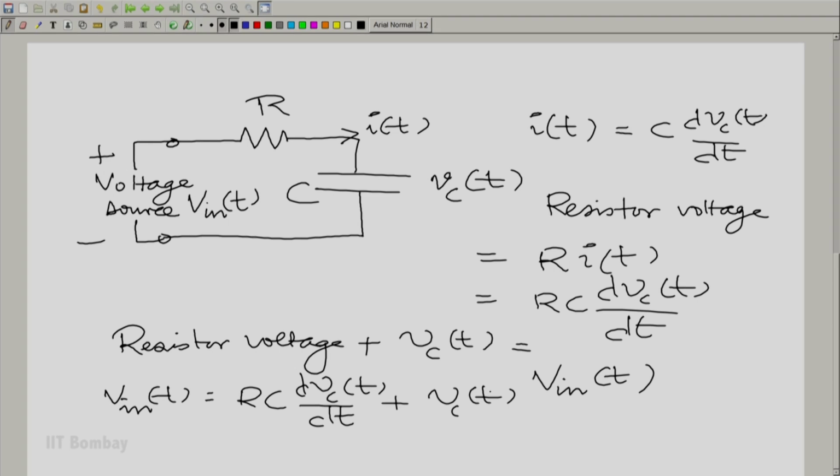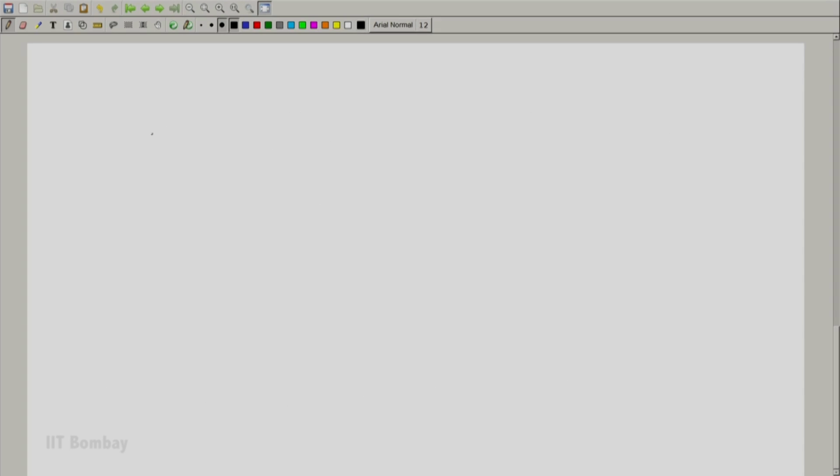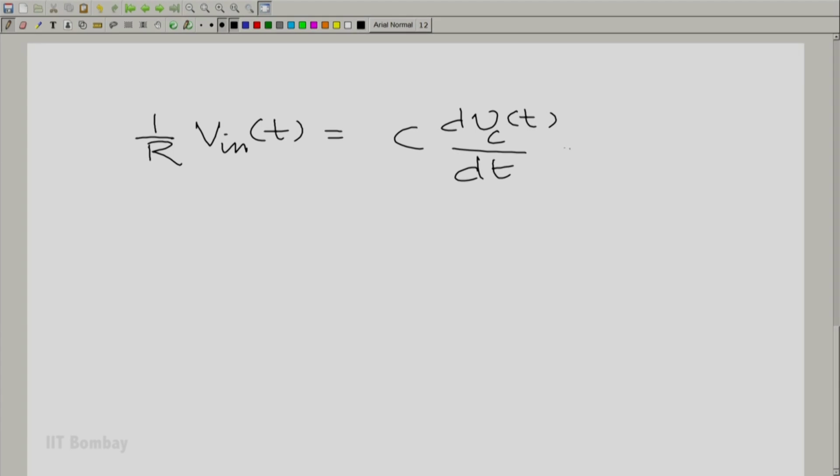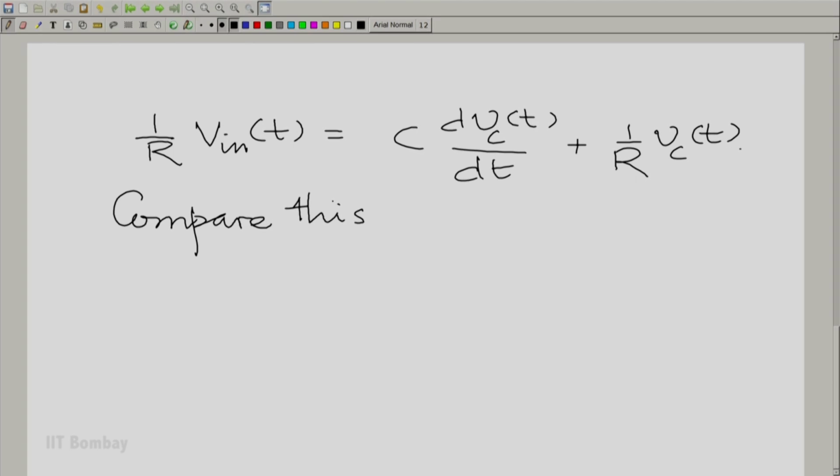Now, if you like, you could just divide both sides by R and we will get 1/R Vin(t) = C dVc(t)/dt + 1/R Vc(t), and compare this to the equation that we had for the mass and viscous or friction system.